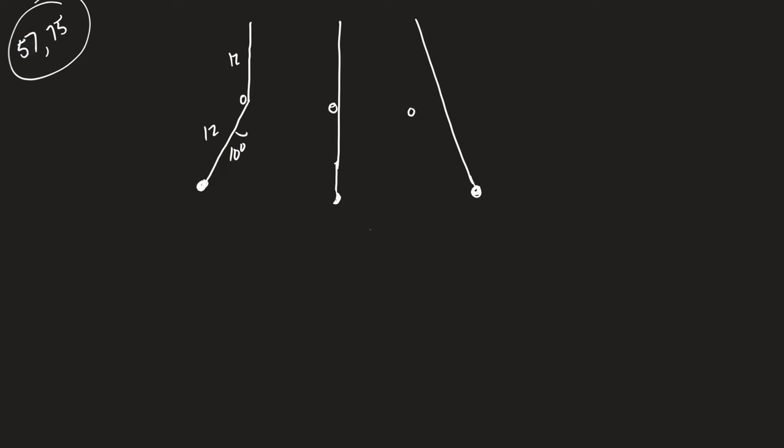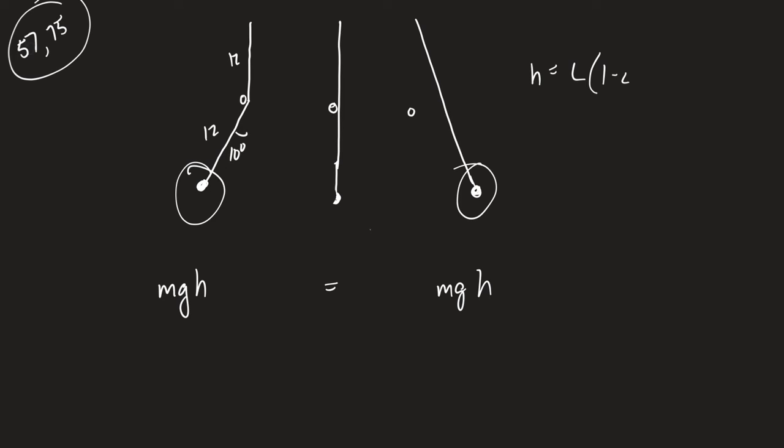If there's no energy lost, then at this point and at this point, all the energy is in gravitational, which means mgh on the left has to equal mgh on the right. But for a pendulum, h is equal to L times 1 minus cosine theta. Right? We've done this before.